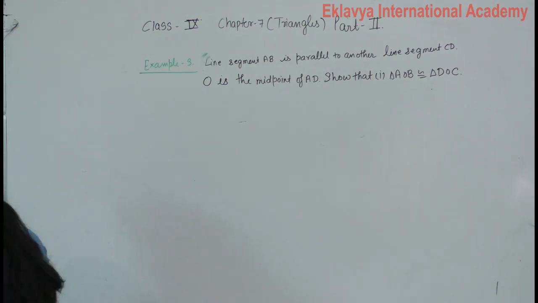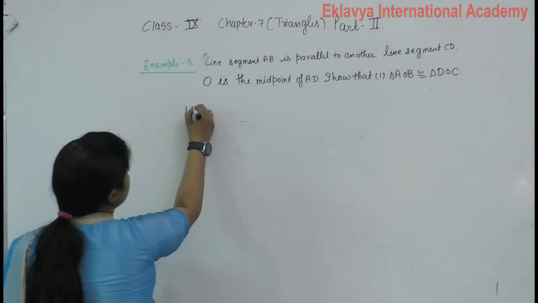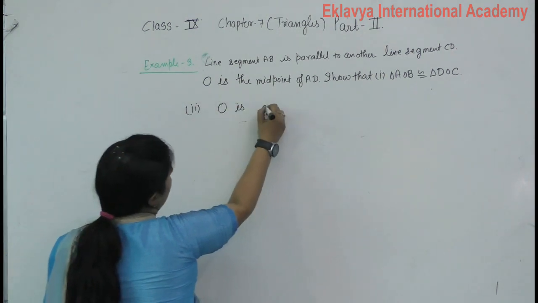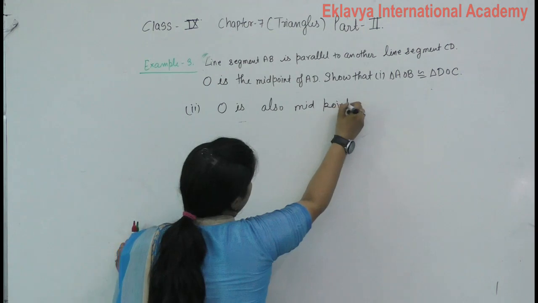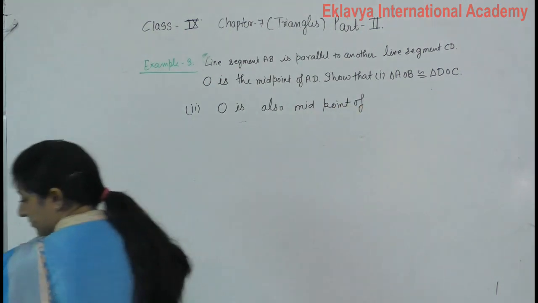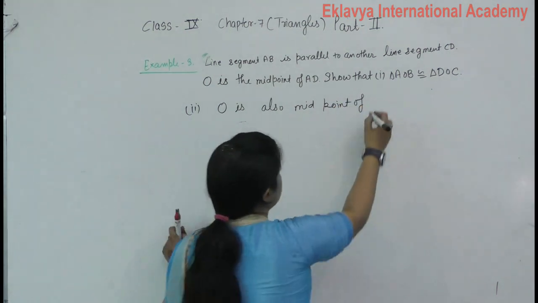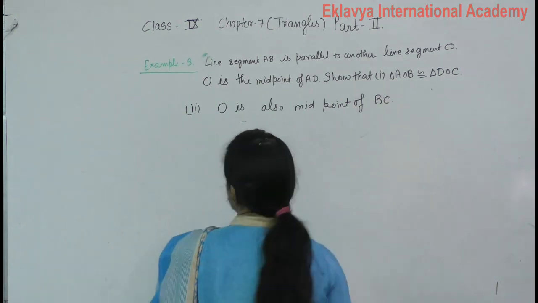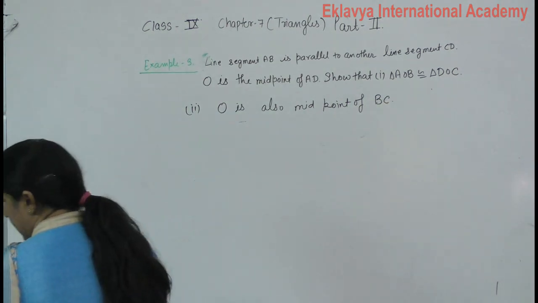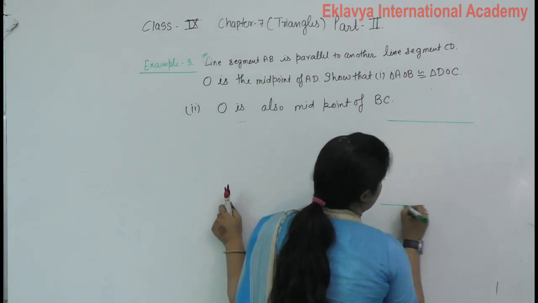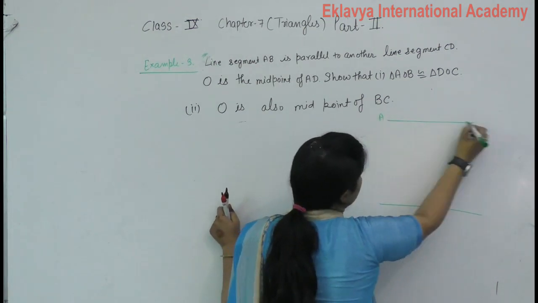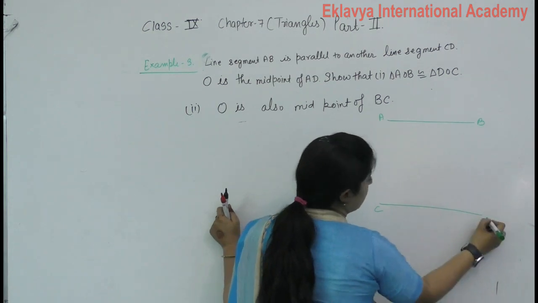Second, O is also the midpoint of BC. Line segment AB is parallel to CD.